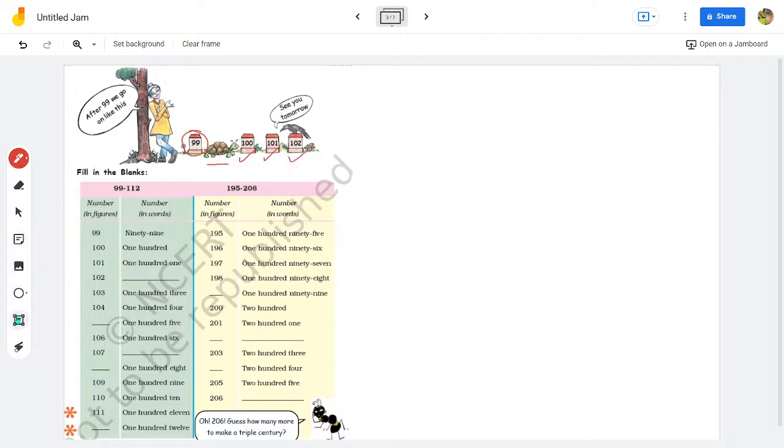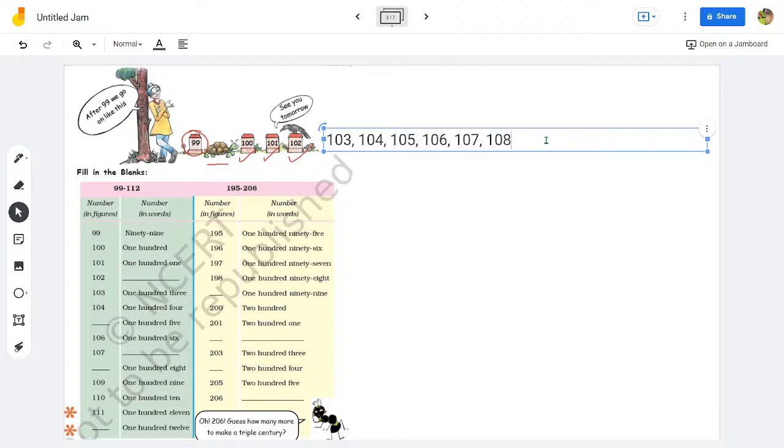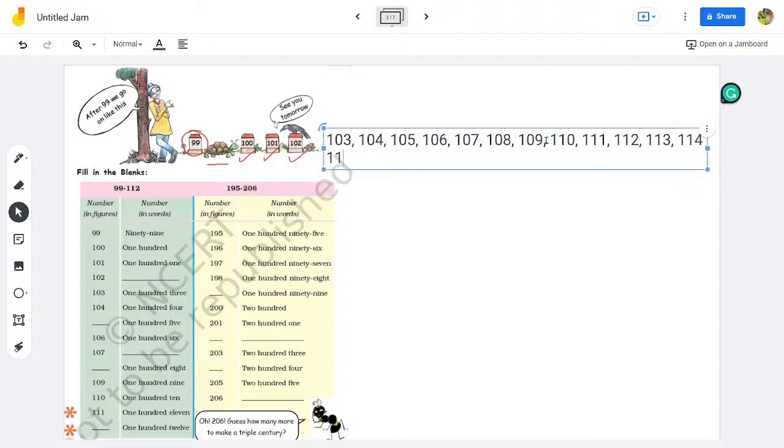If we start writing further, we will have 103, 104, 105, 106, 107, 108, 109, 110, 111, 112, 113, 114, 115, 116, 117, 118, 119, 120. This is how this would keep going, right?